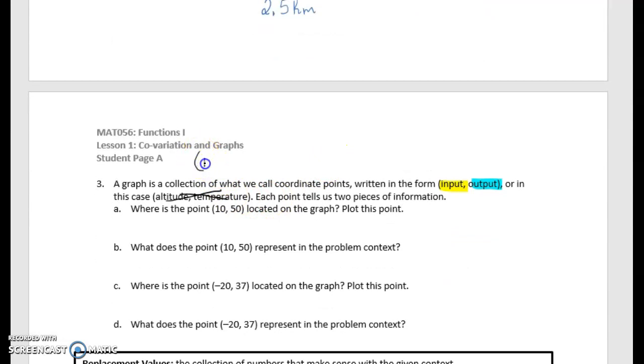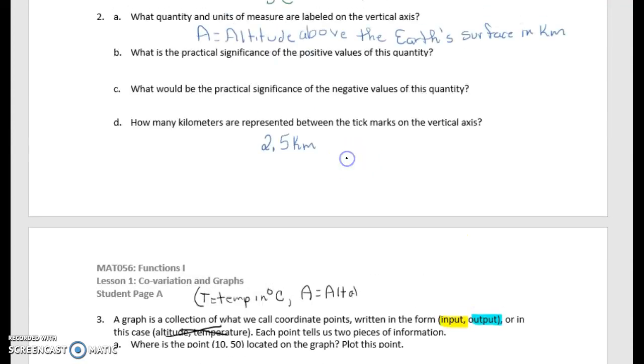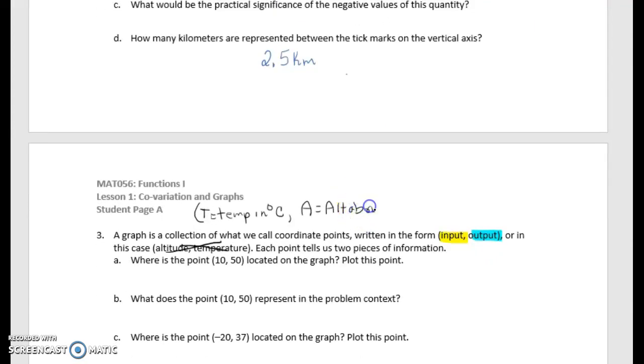So we want T equals the temperature in degrees Celsius, and A equals the altitude above Earth's surface in kilometers. So that's what your ordered pair would look like, where again we have the input sitting right here and then our output is sitting right here.